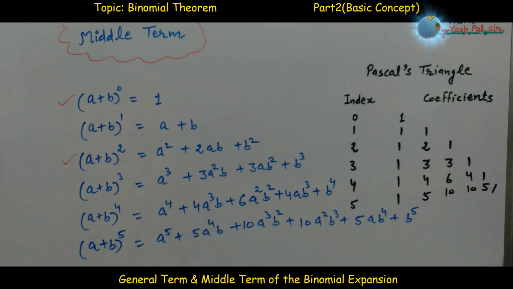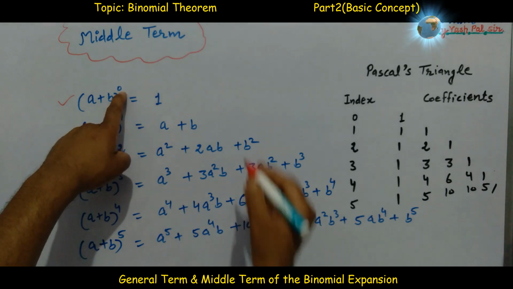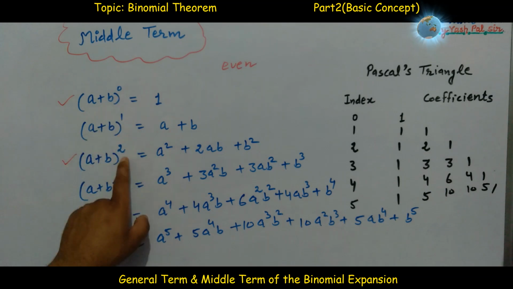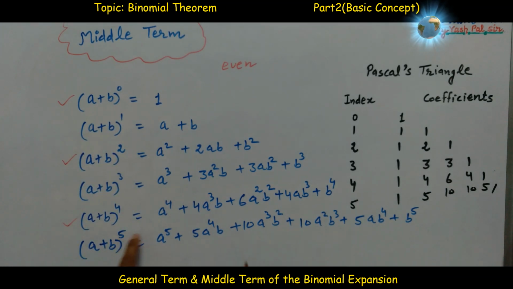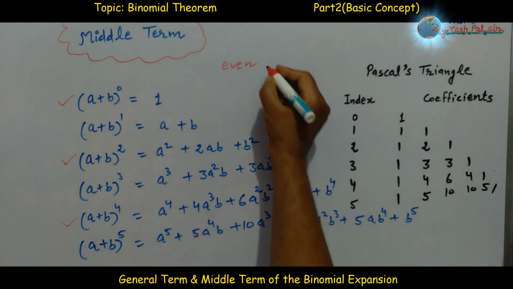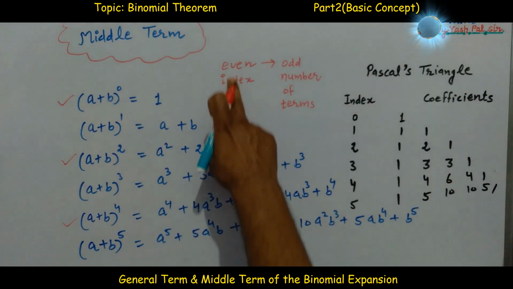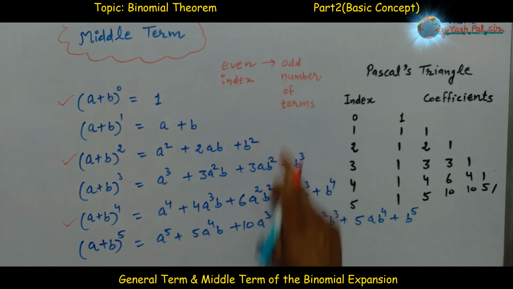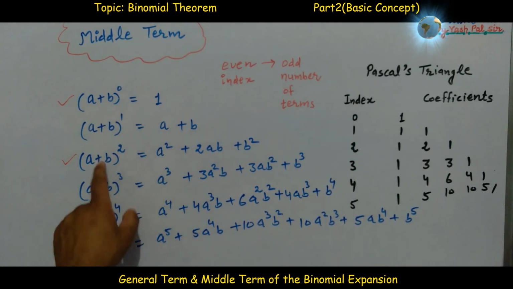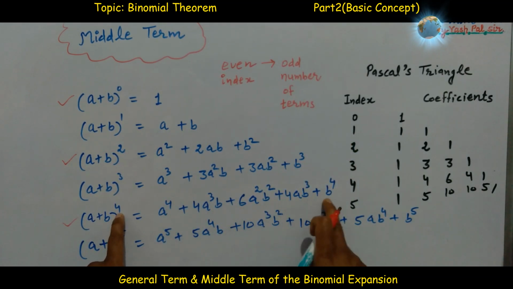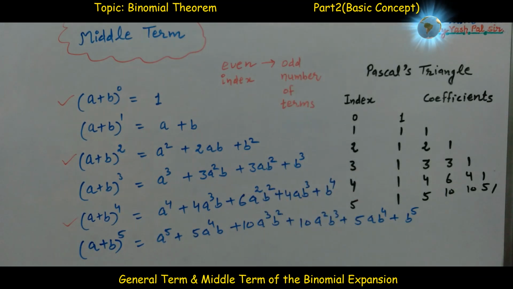So what we are saying here, when we are saying even, 0 is even, 2 is even, 4 is even, then the number of terms, they are 1 2 3 4 5, odd. That is, if index is even, then we get an odd number of terms: 0 gives 1, 2 gives 3, which is odd. When 4, 1 2 3 4 5, so the total number of terms is odd.